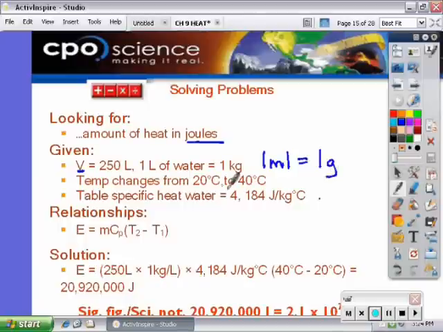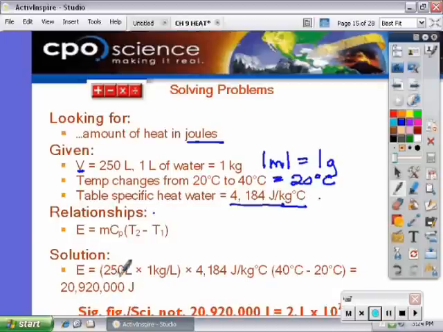The temperature change is 20 degrees to 40 degrees, so that equals 20 degrees if you subtract the two. The specific heat of water will be given to you when you're solving for these problems. And so you take the equation and you plug it in.